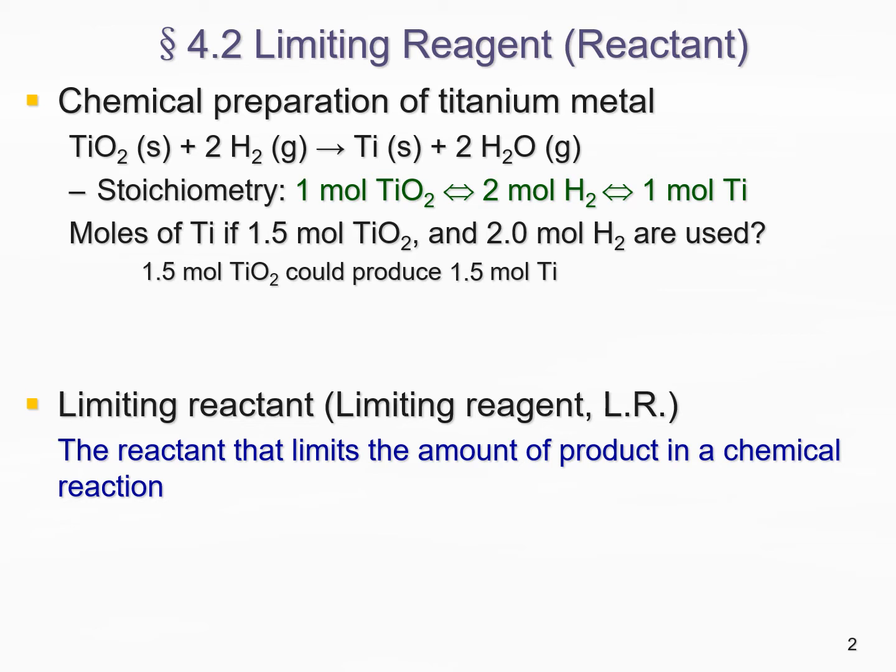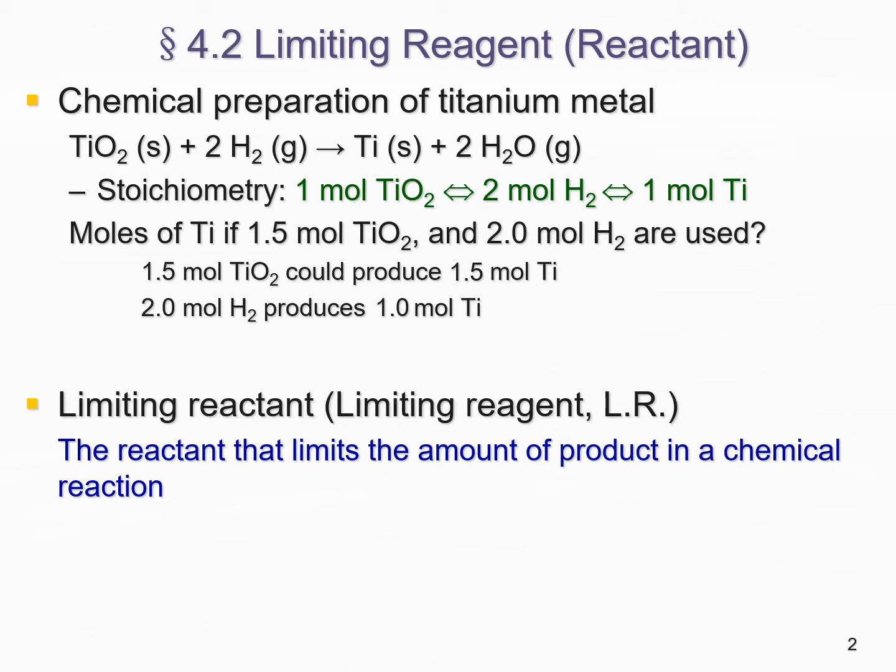In respect of hydrogen, the molar ratio of titanium metal to hydrogen is 1 mole versus 2 moles. That means 2 moles of hydrogen only produce 1 mole of titanium metal. Now we have 2 different amounts of moles of titanium.